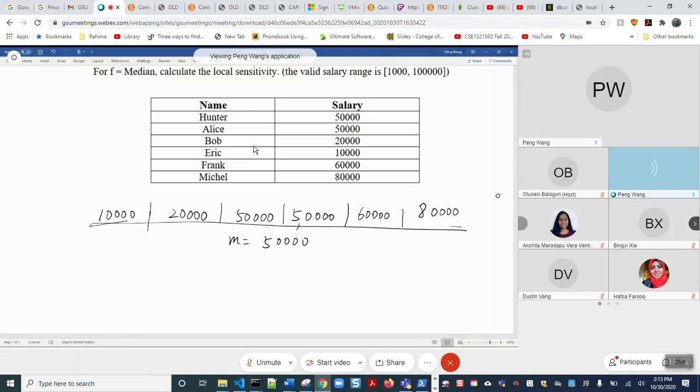Either change the lowest salary to a larger one, or change the largest salary to a lower one.